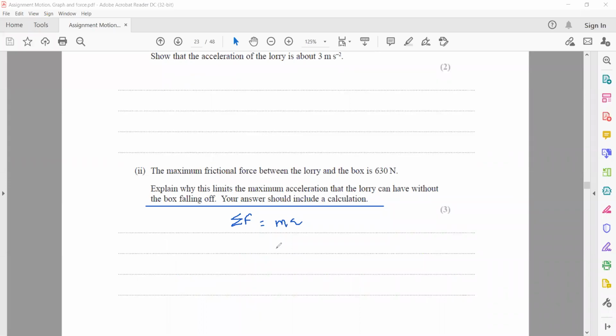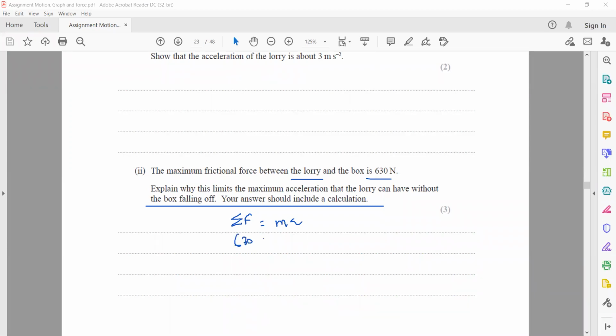The box is accelerating with the lorry. So what could be the maximum acceleration? We can compare with the maximum friction force. As I mentioned here, the maximum friction force between the lorry and the box could be 630. It cannot exceed that, and that limits the acceleration of the lorry.